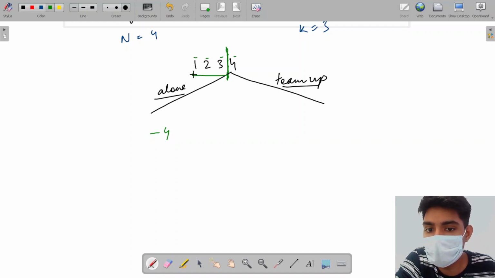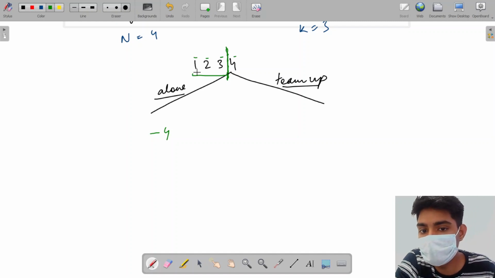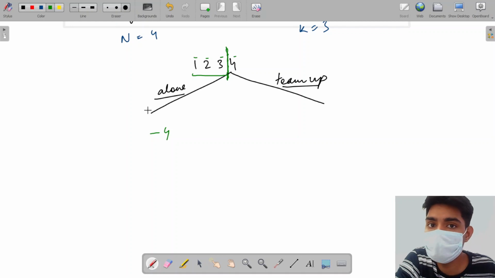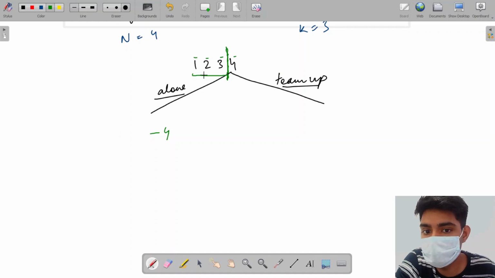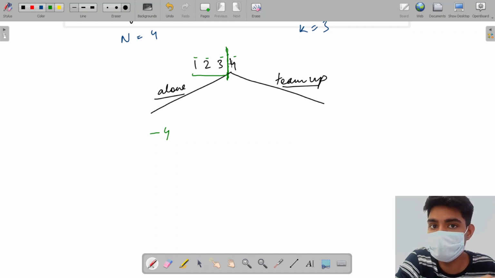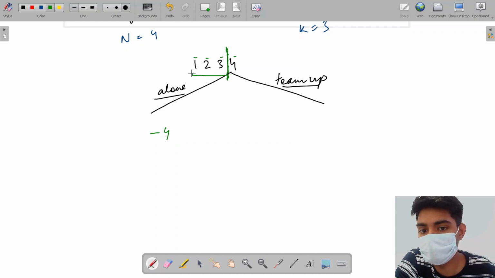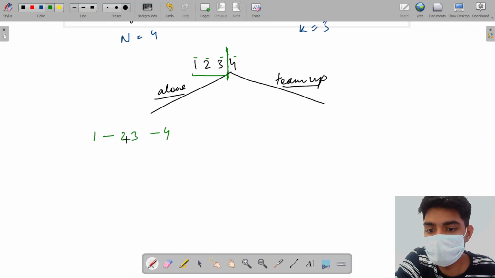Since I have to divide these 4 numbers in k subsets, and 4 is already a subset, I have to divide 1 to 3 in k minus 1 subsets, to totally make up to k subsets. So I have 1 to 3 to work with, and I have to divide them in 2 subsets.